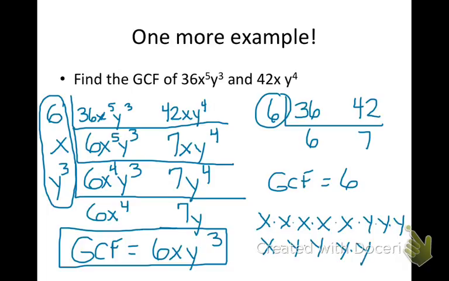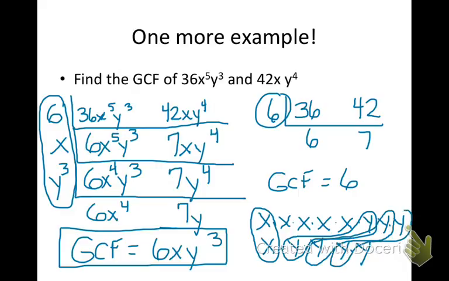So when we look at what we have in common, we have 1 factor of x right here, and then we have 1 factor of y, another factor of y, and a third factor of y, all in common.